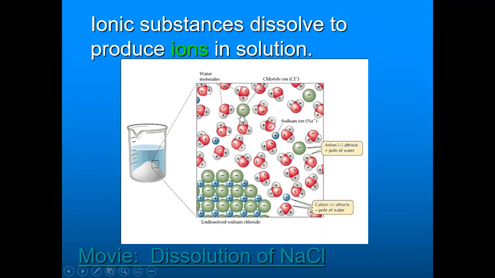Similarly, the negative chloride ion would be surrounded by the positive portion of water, that is positive hydrogen of water, which will surround the negative chloride ion of sodium chloride, and the negative portion of water molecules will surround the positive sodium ions of the salt.